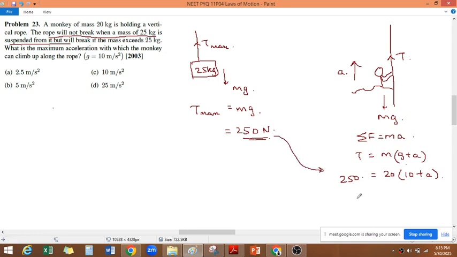The zeros cancel, so 25 by 2, that is 12.5, 12.5 minus 10 will be 2.5. So a is equal to 2.5 meter per second square. Very simple, very easy.